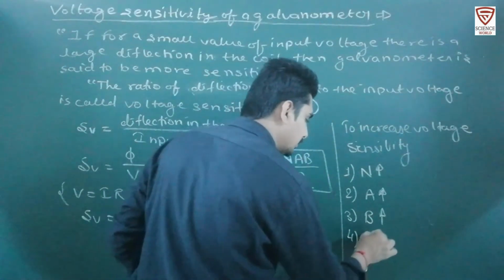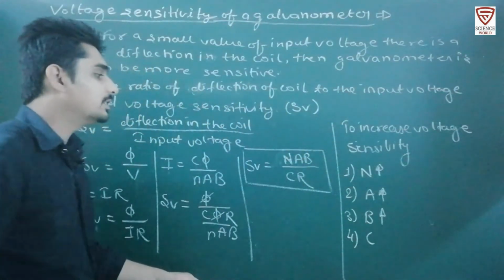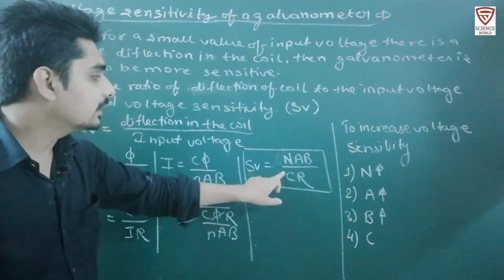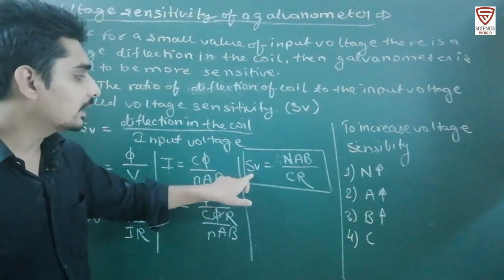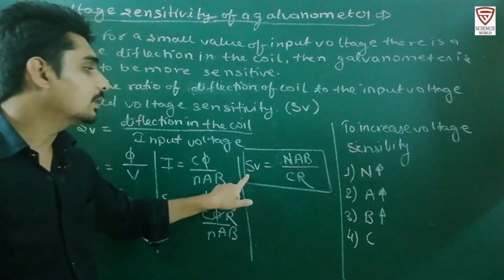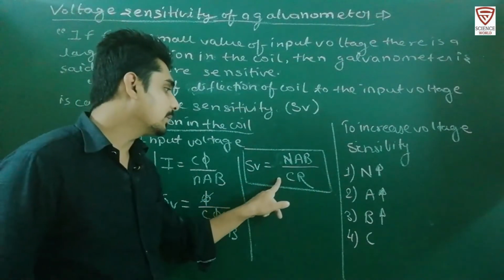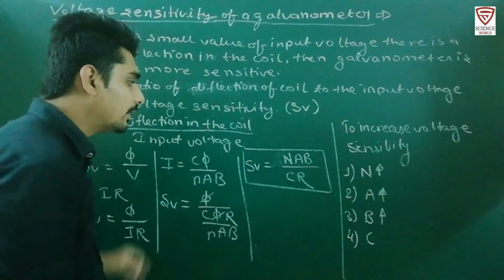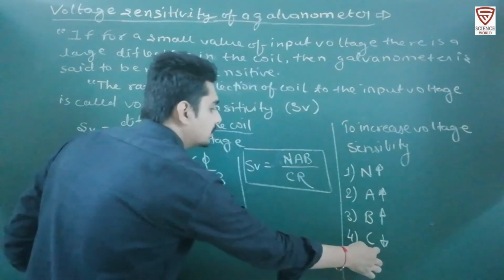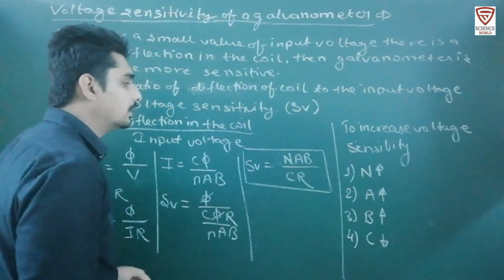Number four, modulus of rigidity. We can clearly see that if value of C will be increased, then value of S will be decreased. So if we want sensitiveness more, then we will have to choose spring material such that it has very less modulus of rigidity. So value of C should be as less as possible.